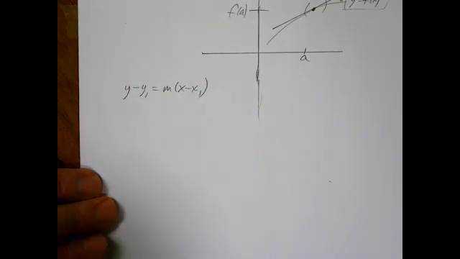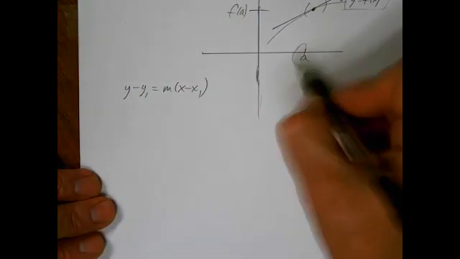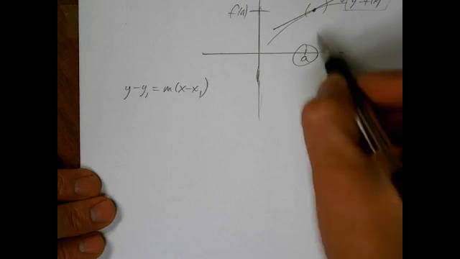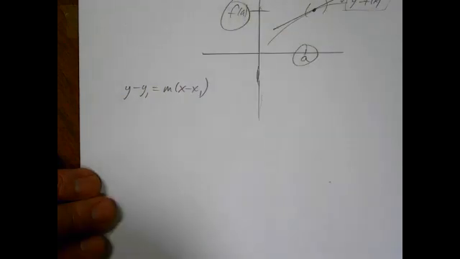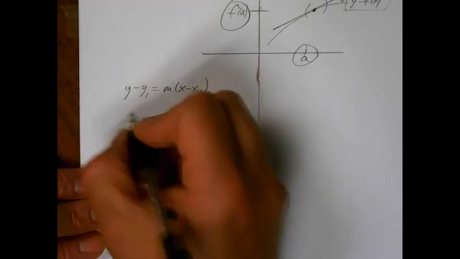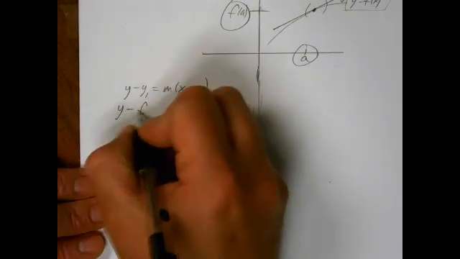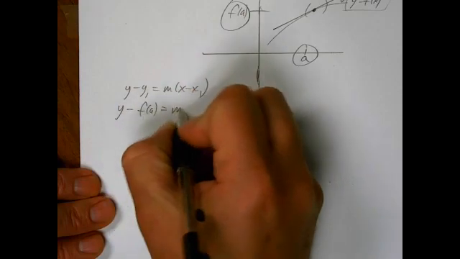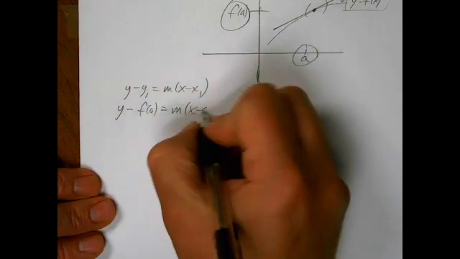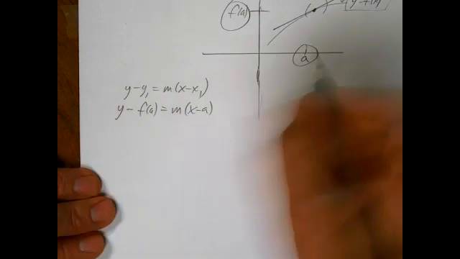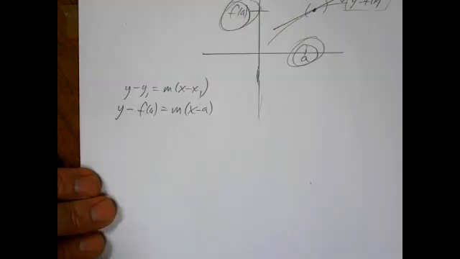Well, we're assuming that we're using the point a, f of a in this scenario. So this equation immediately becomes y minus f of a equals m times x minus a, again, assuming that that's an easy to obtain value and easy to evaluate point.